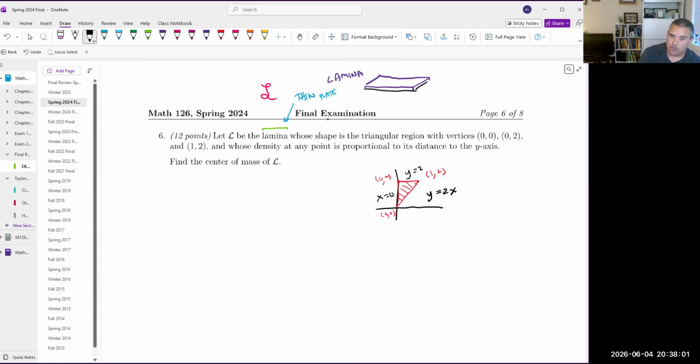We have several ways to describe that region. We could do it in terms of X, which we could talk about, or in terms of Y. To the left is 0. This would be Y over 2. Looking at them, I think I prefer in terms of Y because there's a 0 there.